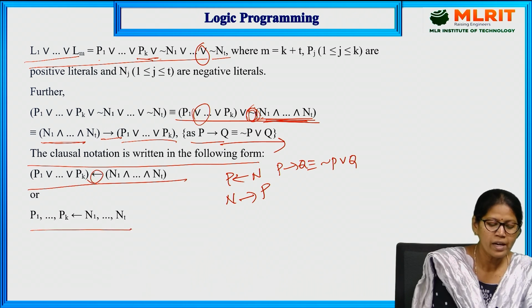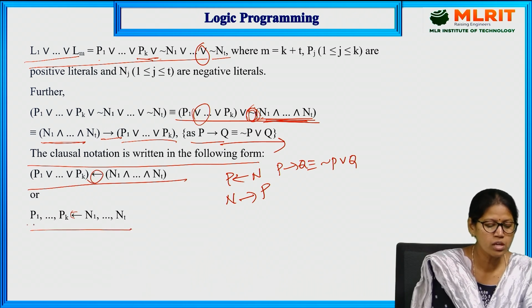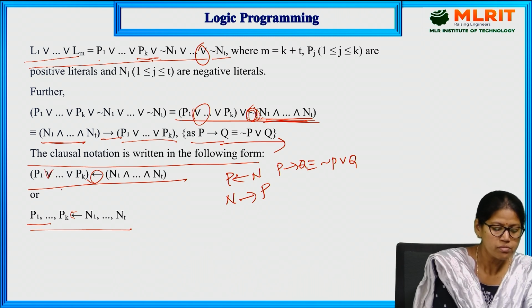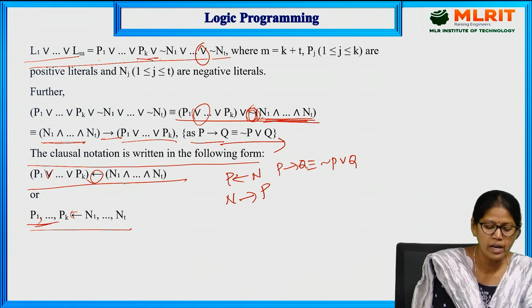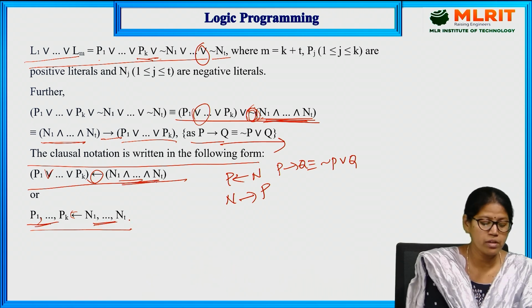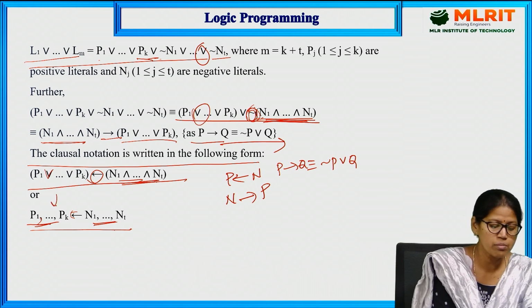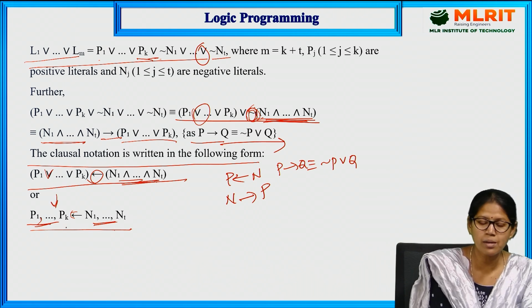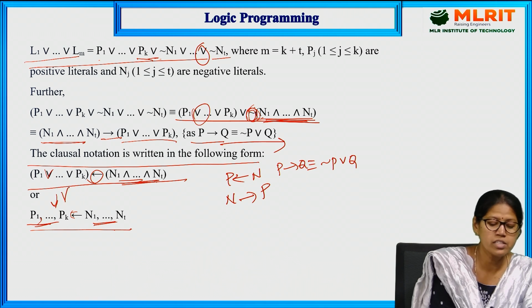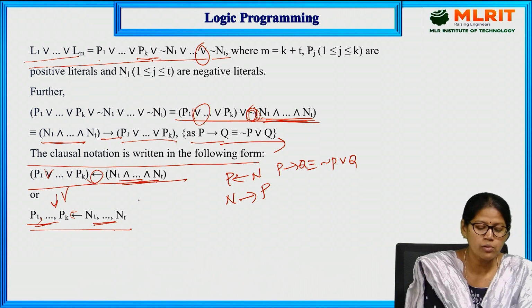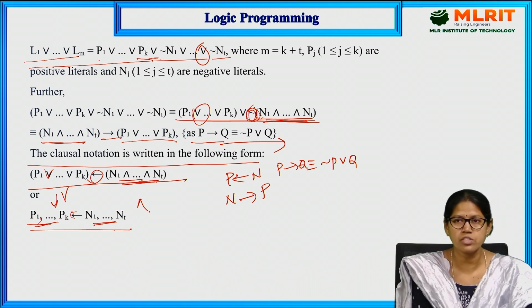The implied by symbol points towards the positive literals, and the disjunction and conjunction are written using the comma, first in the positive literals and second in the negative literals. When we see positive literals separated with a comma, we should write disjunction. When we see negative literals separated with a comma, we write conjunction.